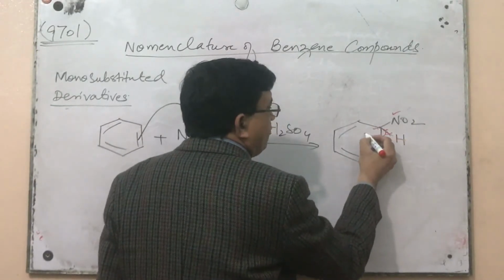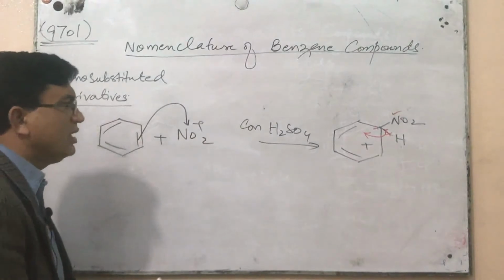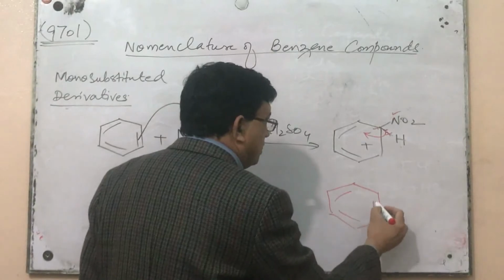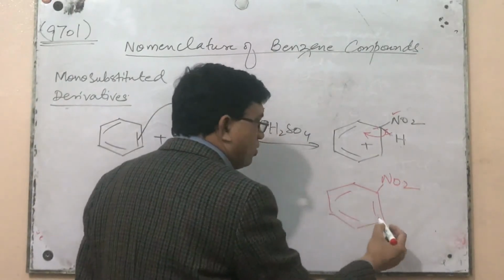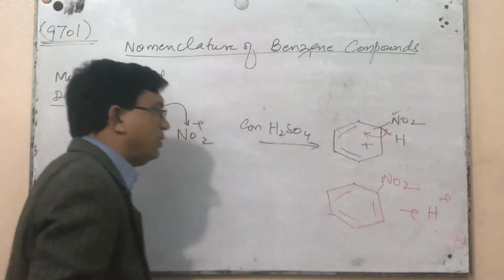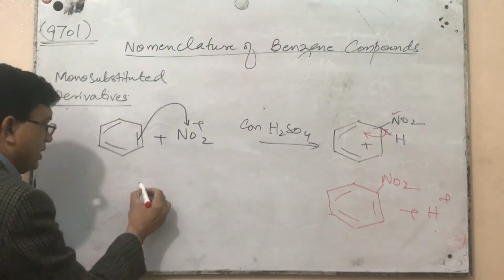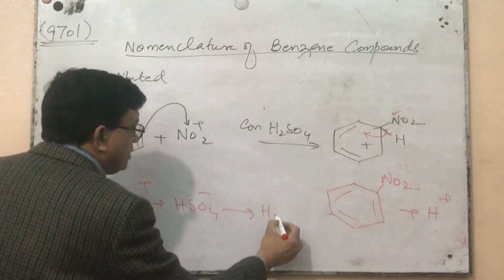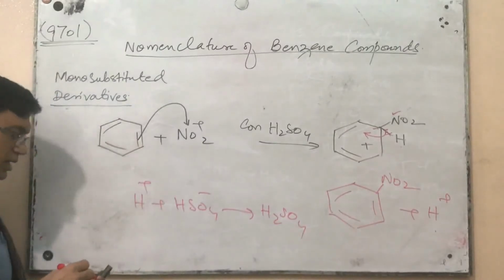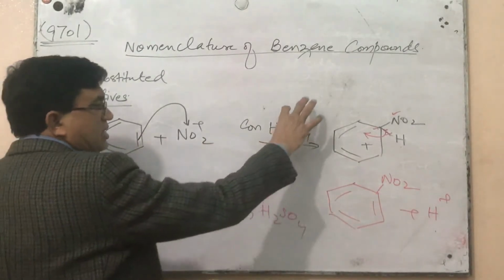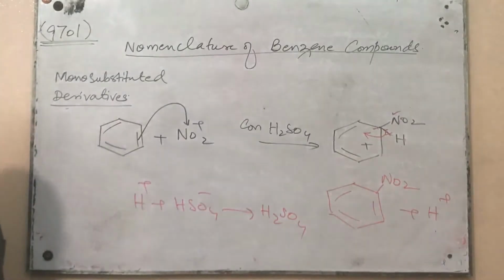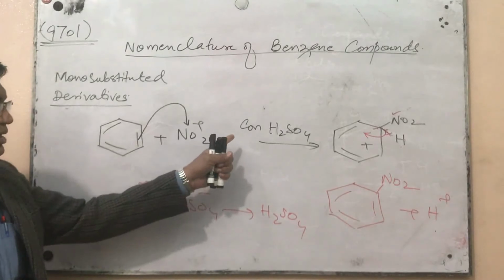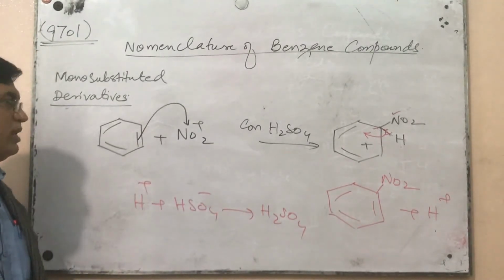So the pair of electrons will be taken inside the benzene, and we will get the product again, this nitrobenzene with H positive ion. Now, this H positive ion at the end will react with HSO4 negative ion, producing sulfuric acid again. It means that in this whole reaction, sulfuric acid acts as a catalyst which is regenerated at the end. This is called nitration of benzene.